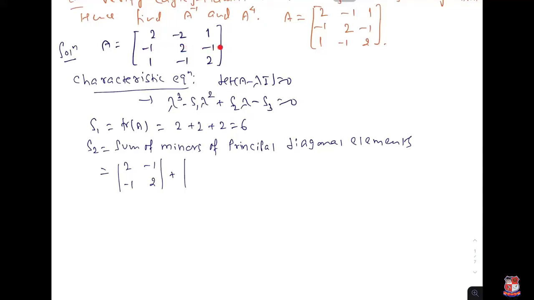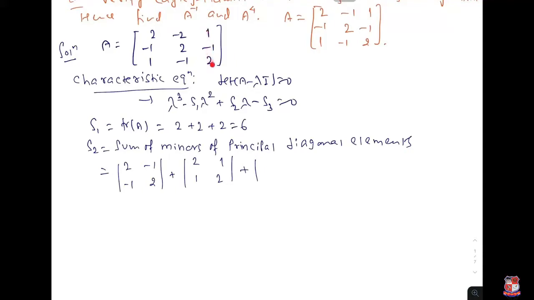So this second row, second column is not there, so we have these 4 elements: 2 1, 1 2, plus the minor of these 3.